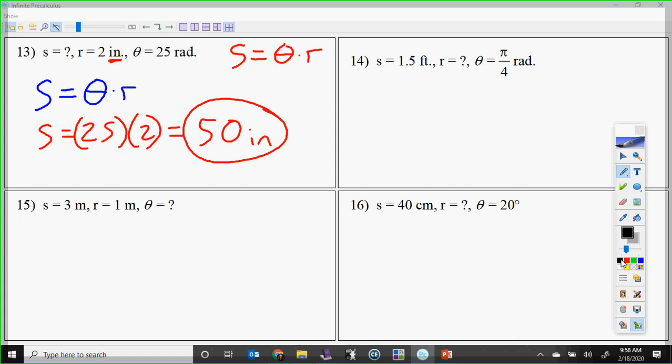Come over here to this one, and I have S equals theta times R. Well, this time I know S is 1.5. I know my theta is pi over 4. I don't know what R is. I want to get rid of that fraction, so we're going to multiply by its reciprocal, 4 over pi. Not 4 over 5, 4 over pi.